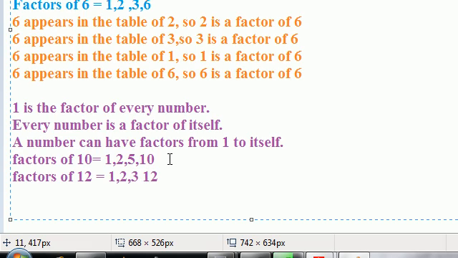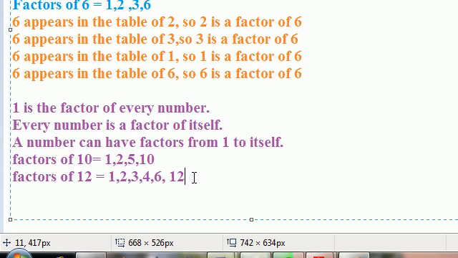It also appears in the multiplication table of 3. It also appears in the multiplication table of 4. It does not appear in 5. It appears in 6. Does not appear in 7, 8, 9, 10, nor in 11, and the next number is 12. We have already 1. So these numbers are the factors of 12.